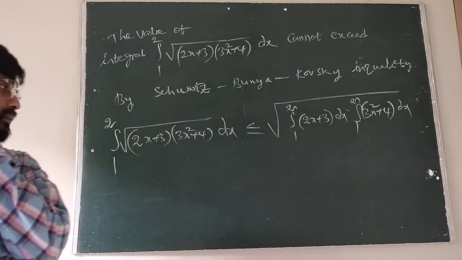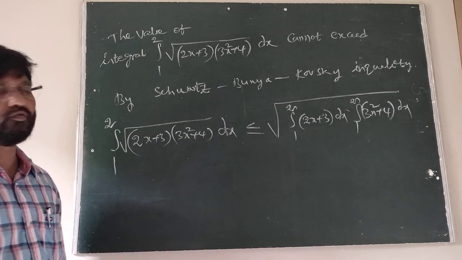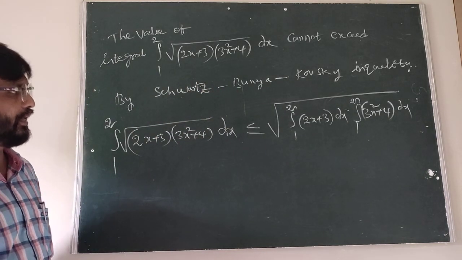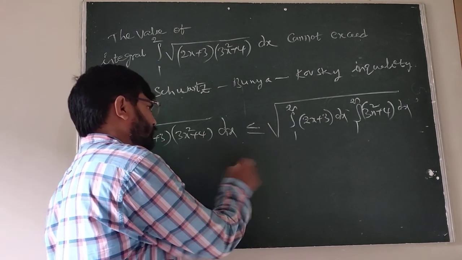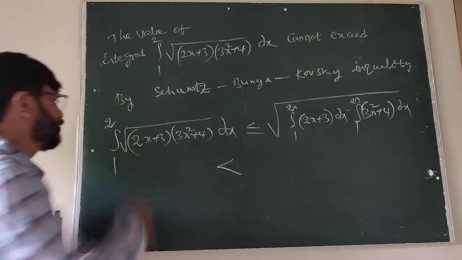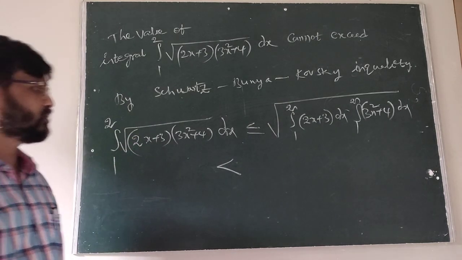We have to know that this is the Cauchy-Bunyakovsky-Schwarz inequality, that is, under root of the integral from 1 to 2 of 2x plus 3 into the integral from 1 to 2 of 3x square plus 4.